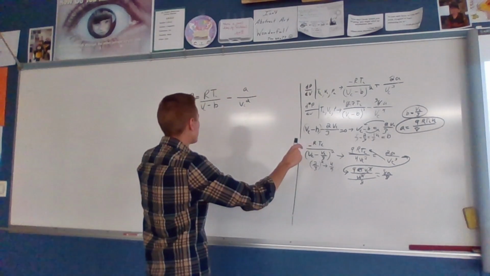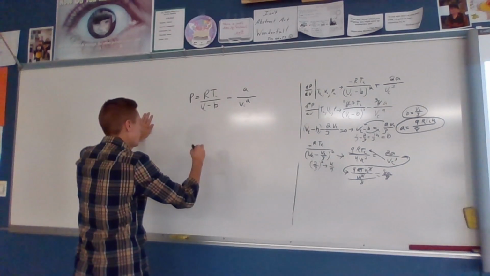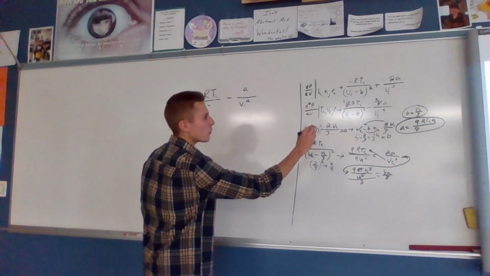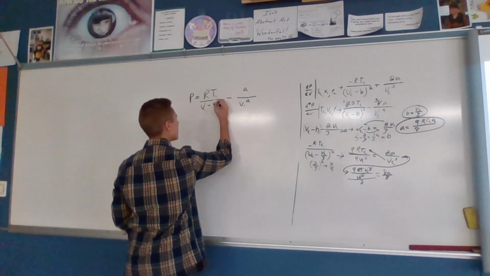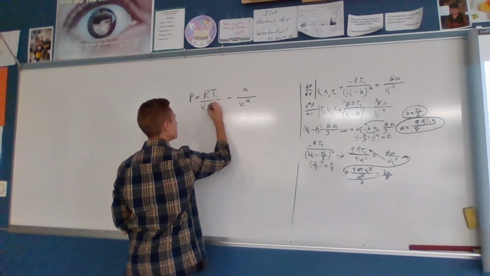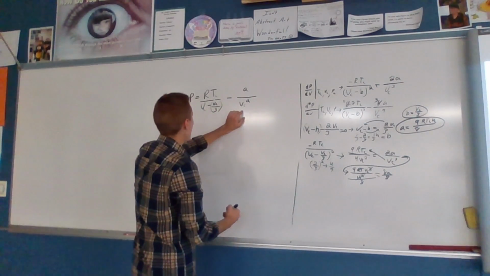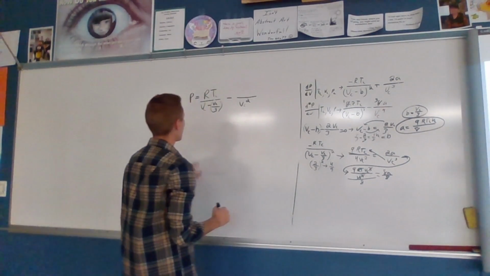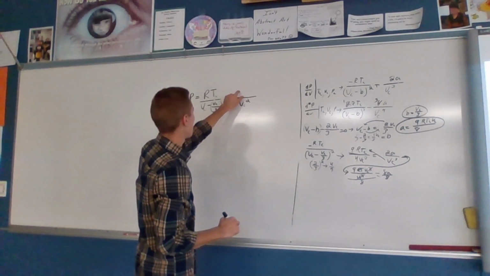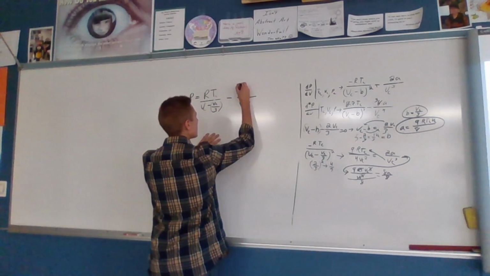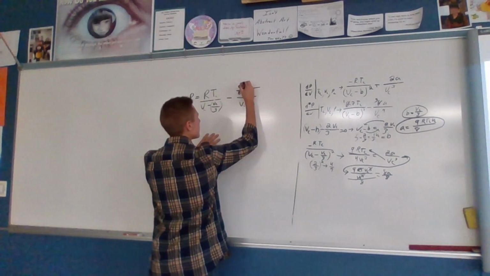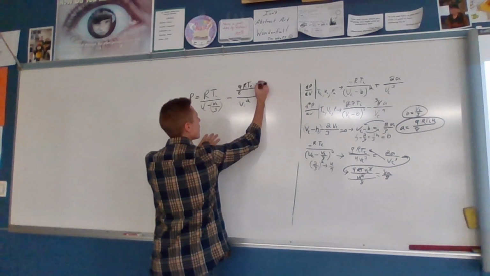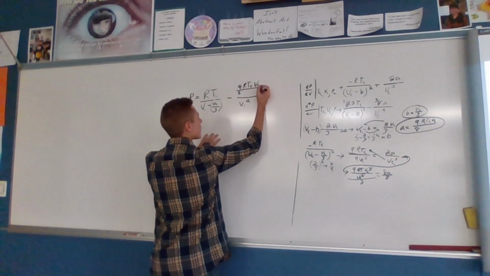So now we know A and B. We're going to plug this back into our original equation. So we now have B equaling, what was it? It was critical, so our critical volume over 3. And we have our A value equaling, it was 9 over 8 times our R value times critical temperature times our critical volume.